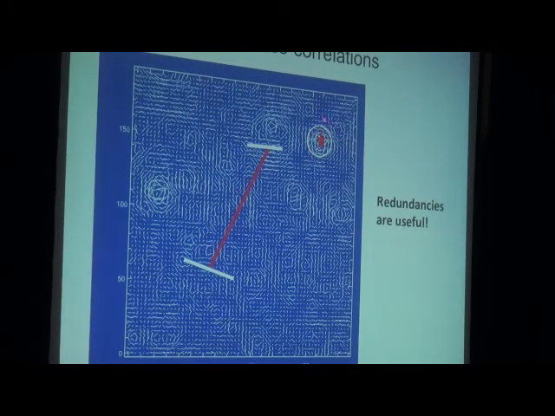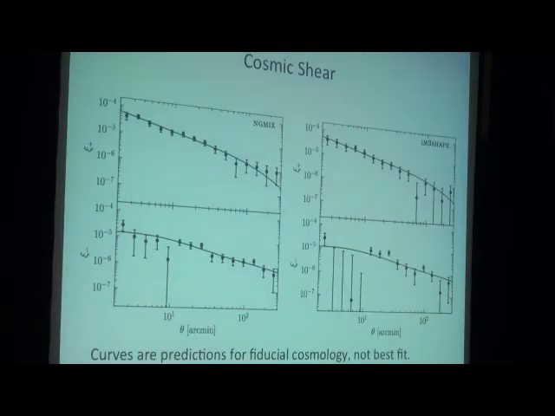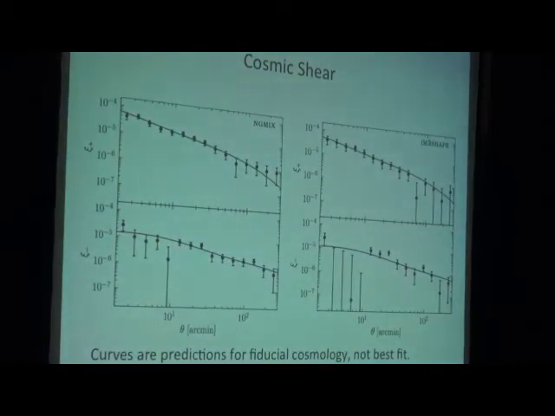I already showed you that we can also measure the cross correlations, and we can also measure 3-point functions and peak statistics that some of you have studied. So one can make these partially redundant measurements and do interesting tests of cosmology with them.